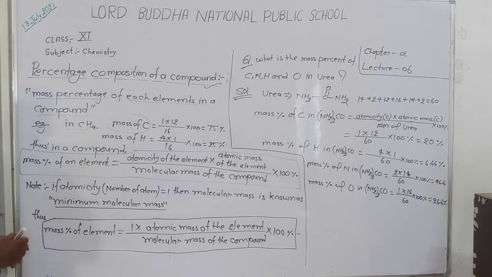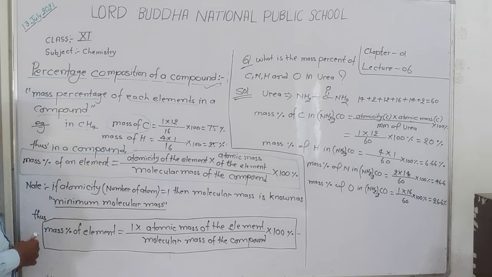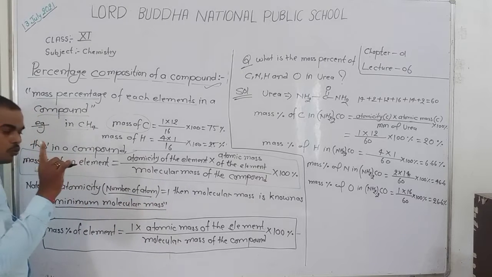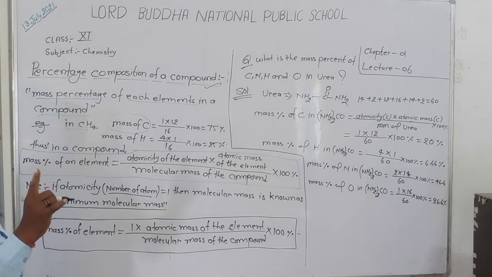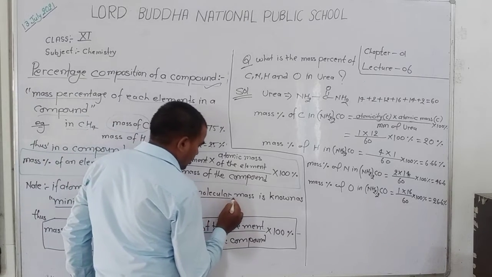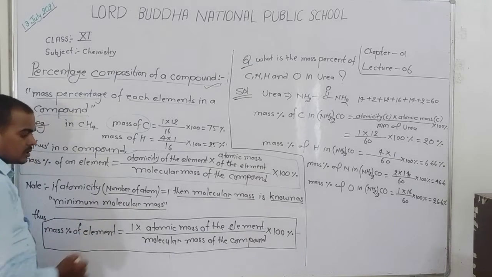Dear student, in case the atomicity, meaning the number of atoms, is 1 in a compound, then the molecular mass is known as the minimum molecular mass.